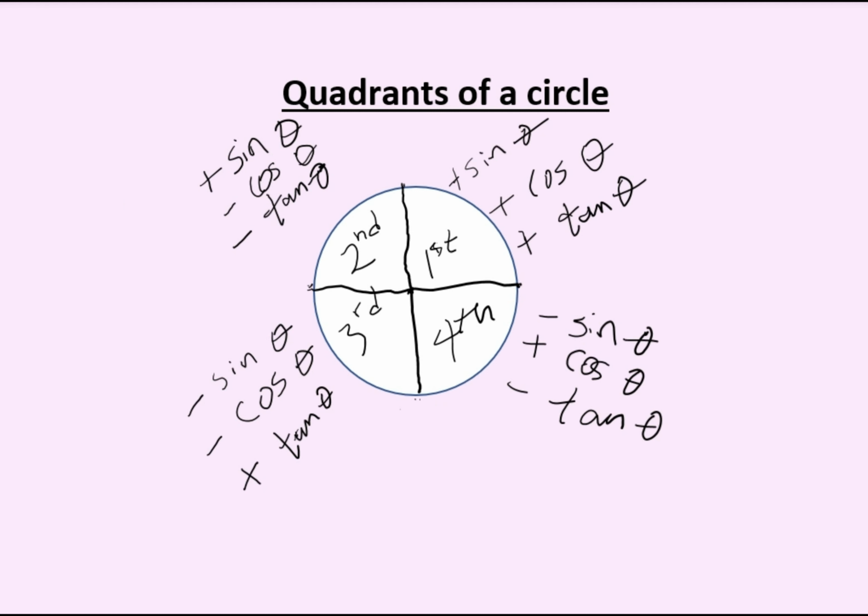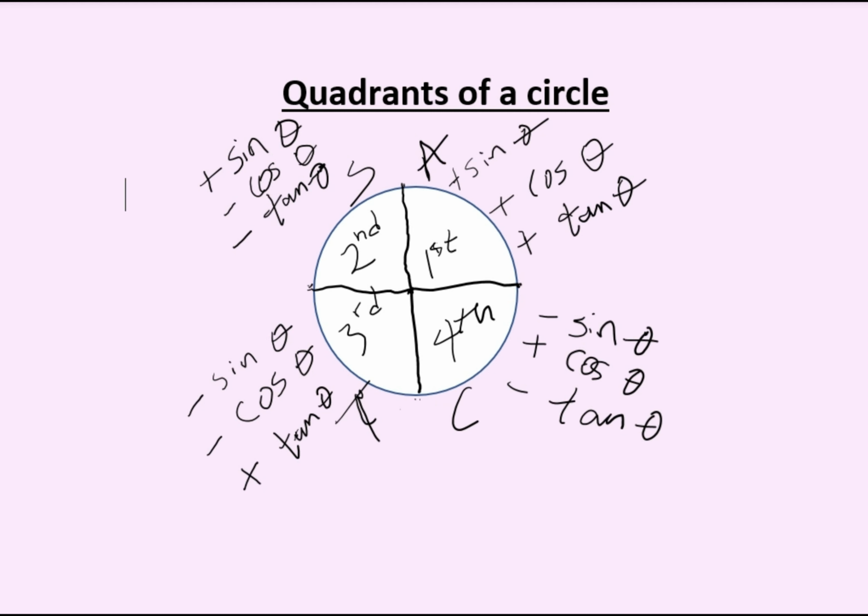Now, to be able to remember this, we have A, all positive in the first quadrant, sine, S, positive in the second quadrant. Here we have T, tan, positive in the third quadrant, and here we have C, cos, positive in the fourth quadrant.